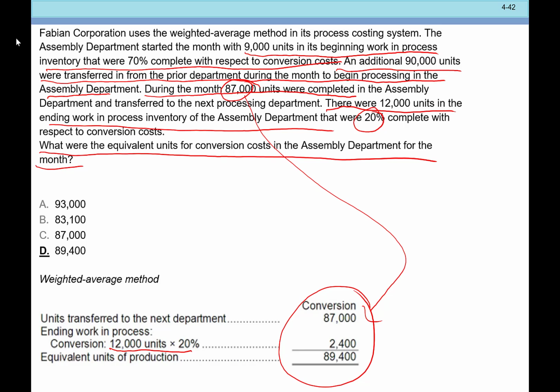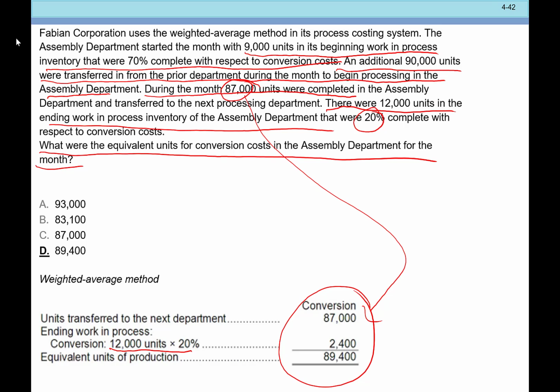An additional 90,000 units were transferred from the prior department during the period to begin processing in the assembly department. During the month, 87,000 units were completed. Stop. If that question gives you that, you don't need to worry about the rest of that step. You know what number of units got completed, right? So you know those were transferred out. So notice in the solution here, we picked out that 87,000, we put it down, right?